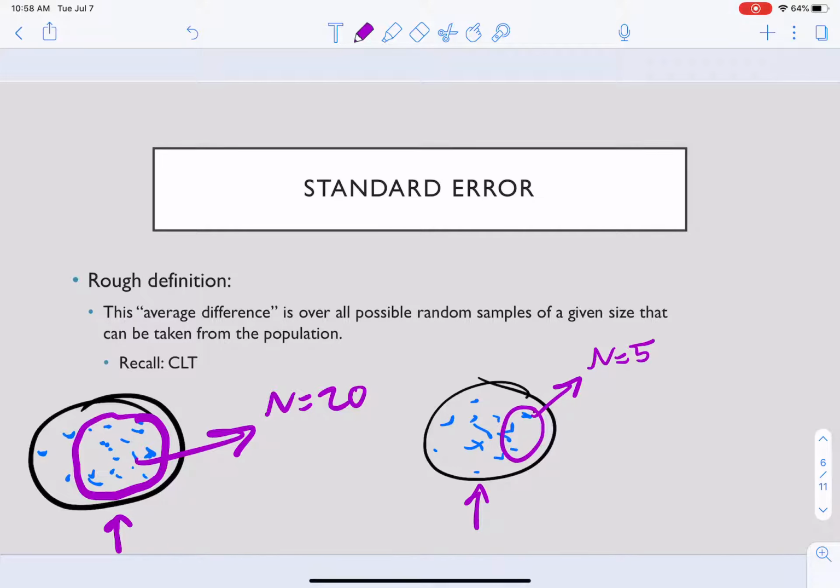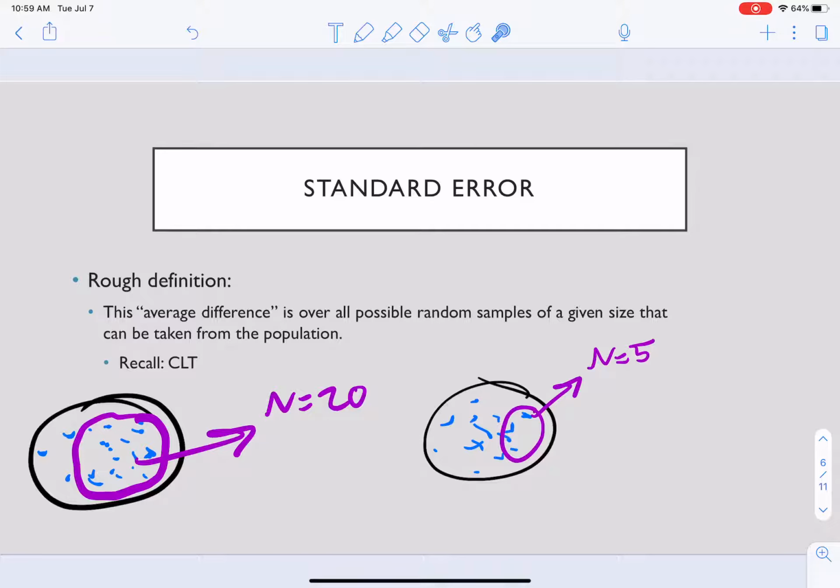So the amount of error, the amount of stuff left over, is much lower with the bigger sample size than here. So in this case, we've got less average difference away from the population statistic, whatever it may be, than we do here.